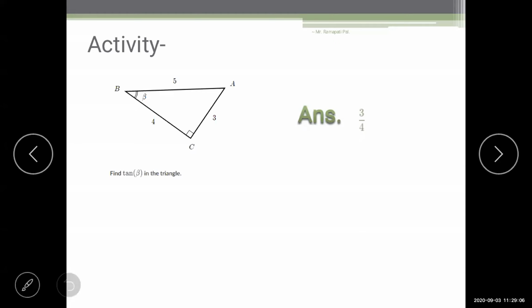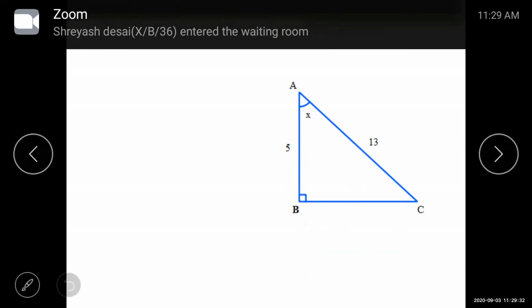So you are ready for the next question? Now in this question, by Pythagoras theorem, you can find one side. I will show the question. See the diagram. In triangle ABC, AB and AC are given.